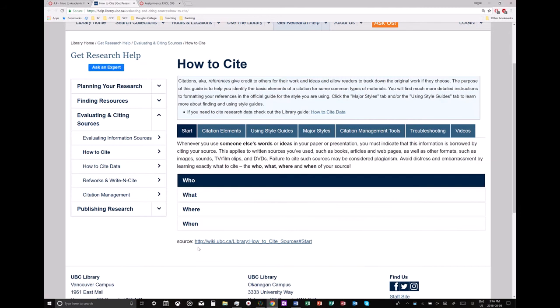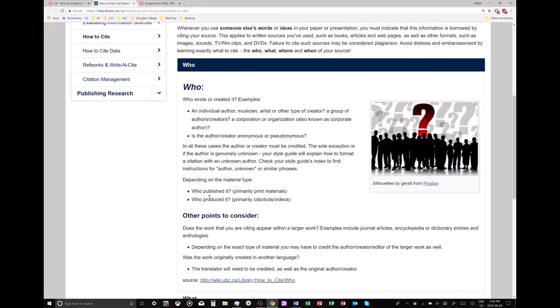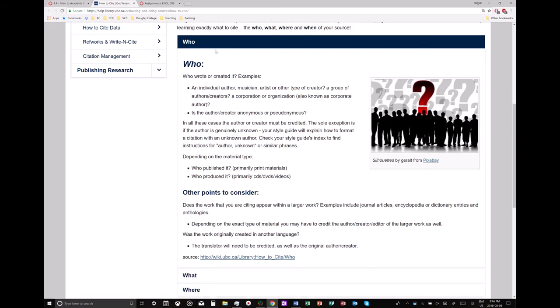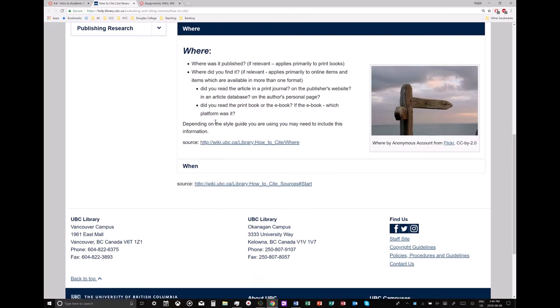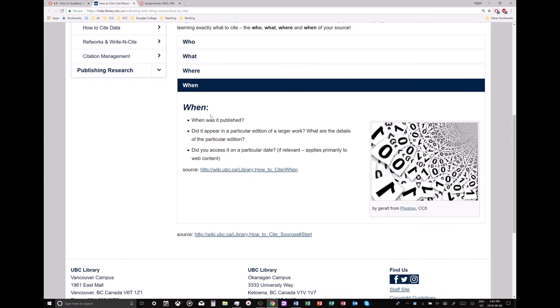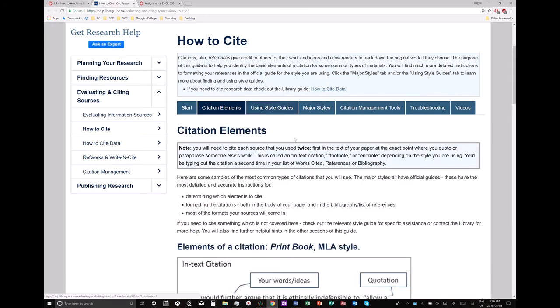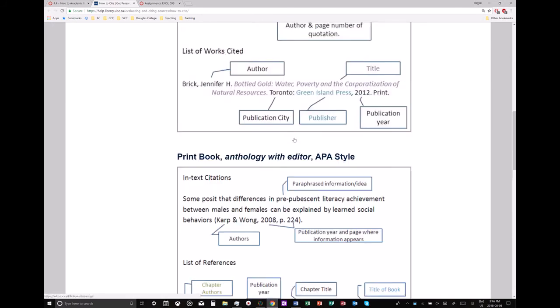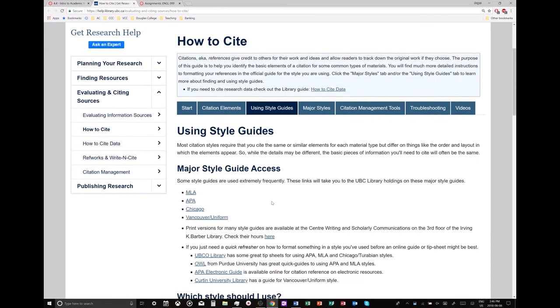When you click on these, it actually gives you the points you should do, what questions you should ask. So this is about the author, what type of source it is, where is about where you can find the source, when did they publish the source. You can go on this website and check all the different tips you can get on how to cite, if you want more details outside of the lecture notes, or if you want to practice a particular style.